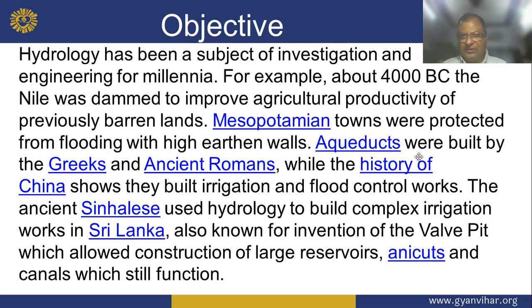For example, about 4000 BC, the Nile was dammed to improve agriculture productivity of previously barren land. Mesopotamian towns were protected from flooding with high earthen walls.